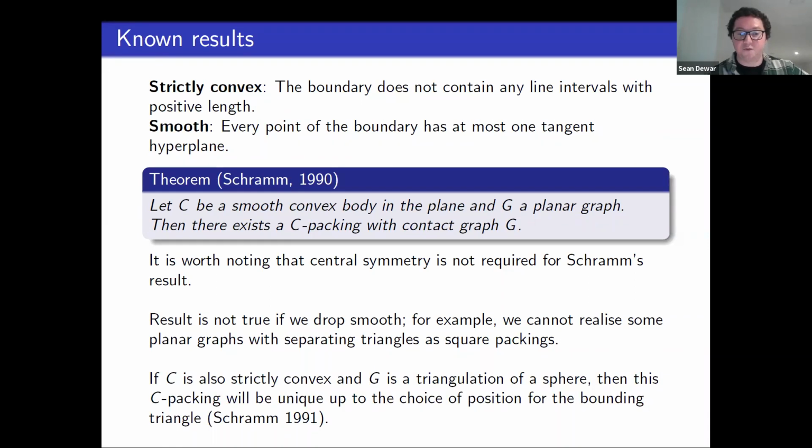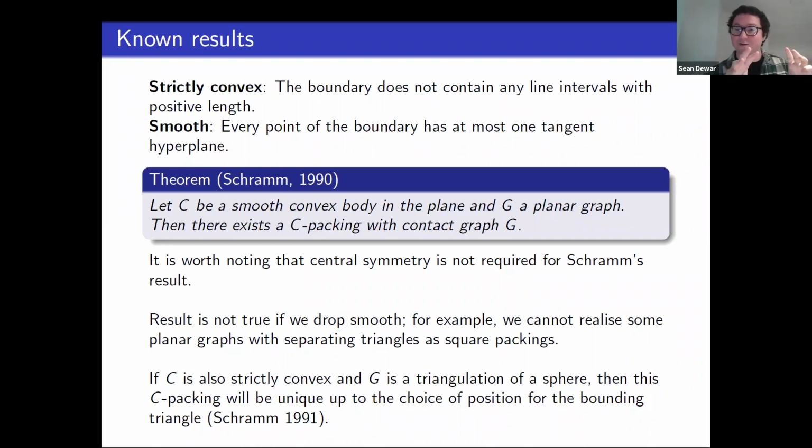He also proved, I don't know if it was in the thesis, but he did it a year later at the very least, that if we add some conditions, so if you say that C is also strictly convex, and we say that G is a triangulation of the sphere, so it's a maximally planar graph, then the C packing we get will be unique. It'll be the unique C packing that does this.